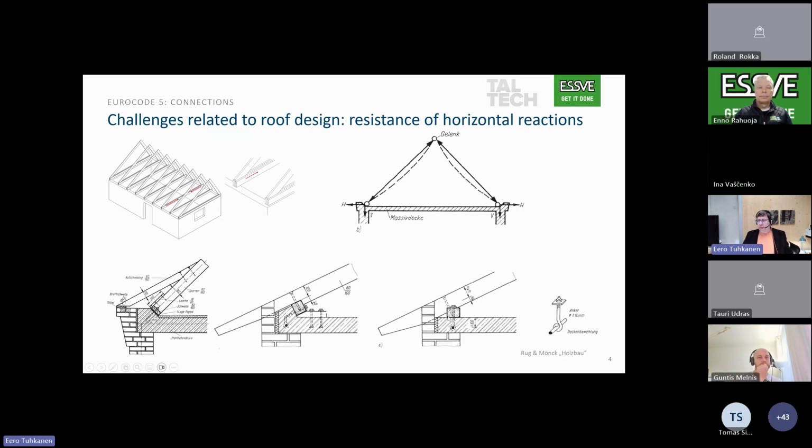And we can also anchor the timber to the concrete floor to fix the rafter to it. So this is the next challenge.